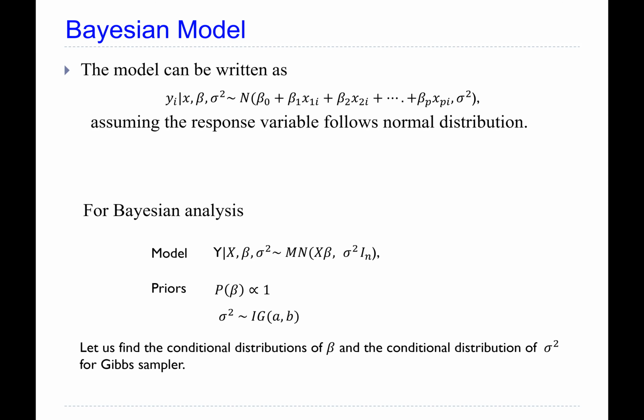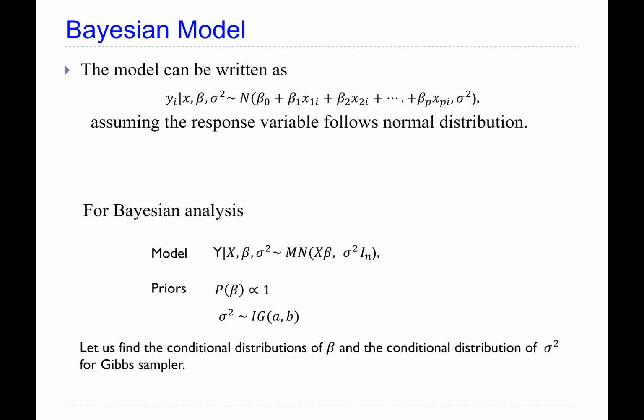What about the priors? Again, the model or the data distribution is: y, the response variable or the vector of the observed values, given x's and beta and sigma square, follows multivariate normal with mean x beta and variance covariance matrix sigma square I. This one means we assume the observations are independent.